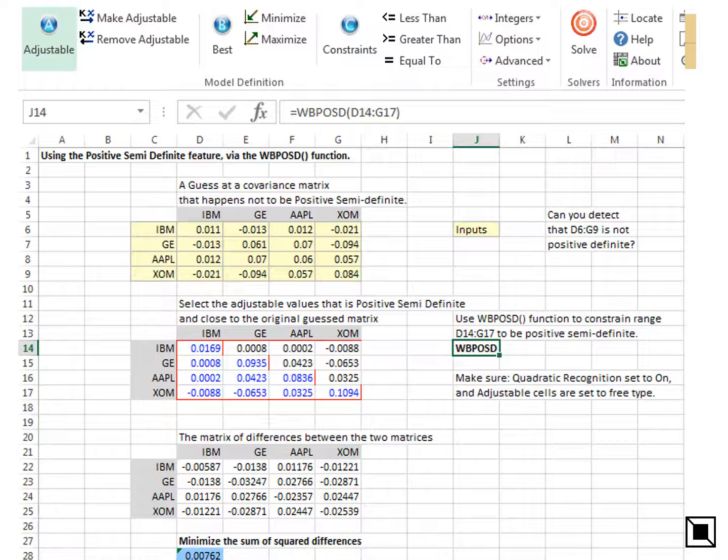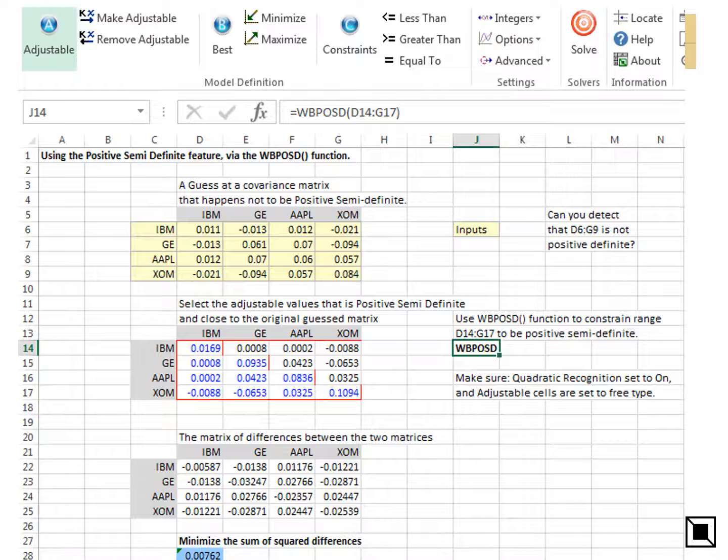So here's the situation. Here's the original matrix that is our estimate, here is our adjusted matrix right here, and here is the matrix of differences between the two matrices.